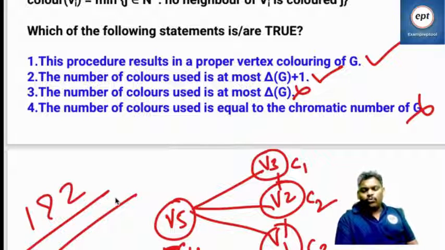One and 2 are true. Proper vertex coloring is fine, but I cannot give guarantee of minimum number of colors. The number of colors used is at most delta G plus 1.